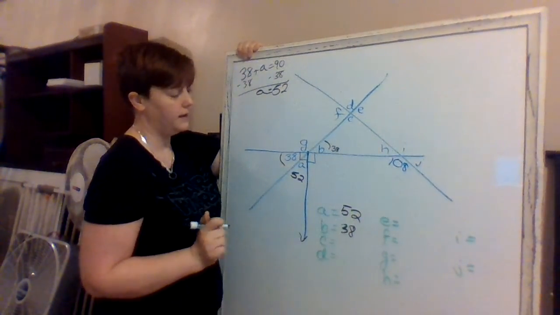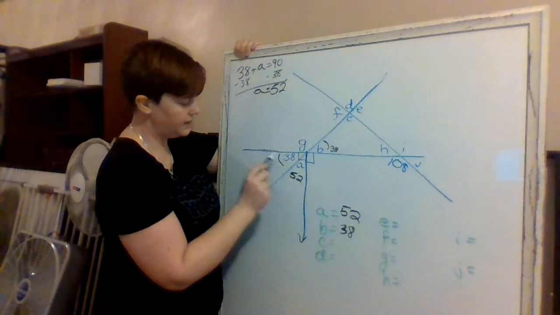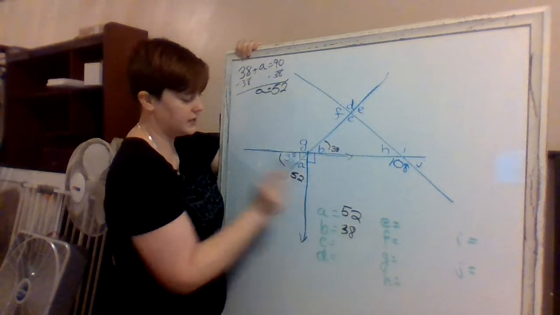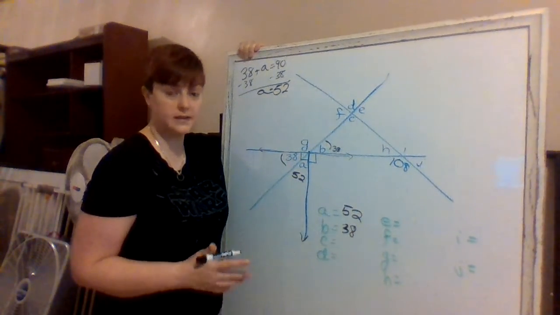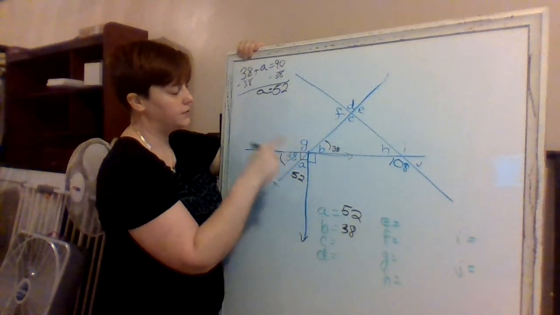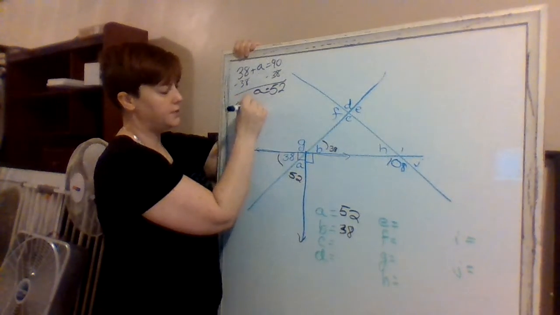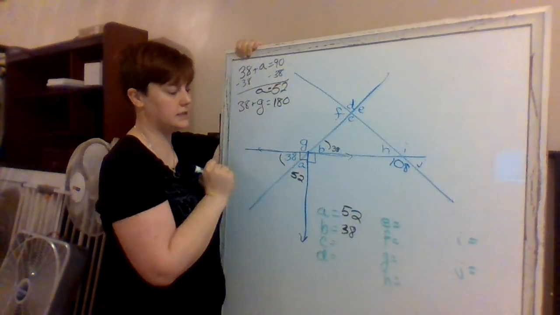Okay. And then let's look at G. G and B together make this nice straight line. If you remember, Jaden, it's the isostraight stuff. Yeah, you guys got it. So 38 plus G is going to be 180 degrees.